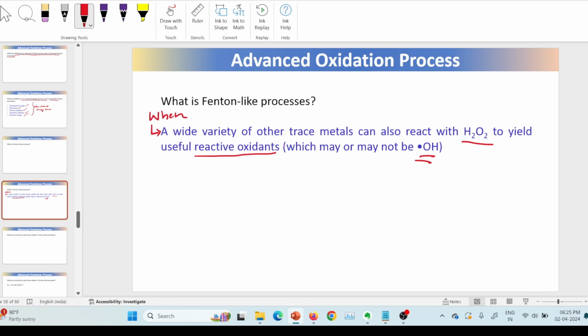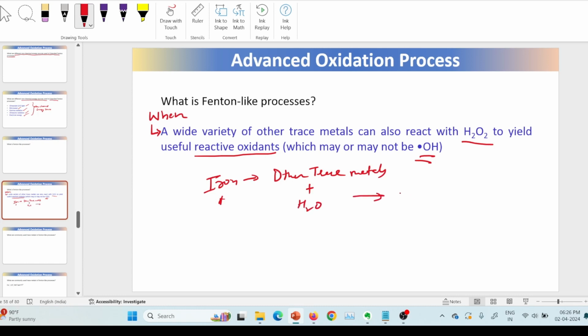So they are saying we can use different trace metals instead of iron. We can use other trace metals plus H2O2.